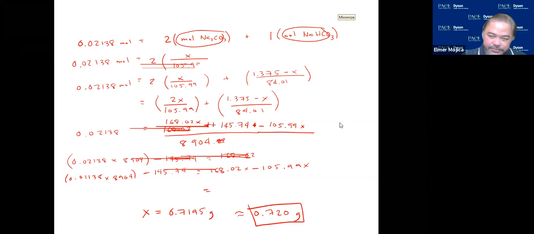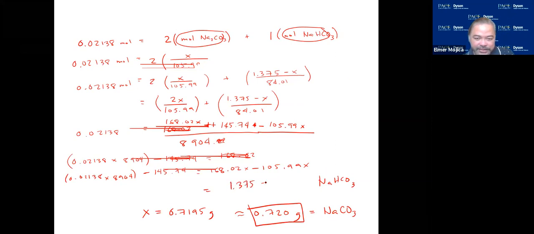So if this is the value, we need to get now the value of each. So this is equivalent to what? The mass of the carbonate. So to get the mass of the bicarbonate, 1.375 minus this one. The answer that you will get there is the value of the mass of the bicarbonate. So 1.375 minus 0.720 is equal to what?